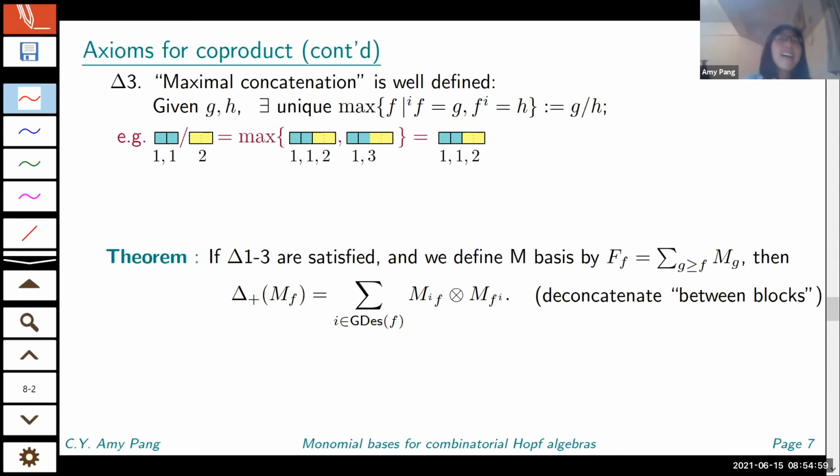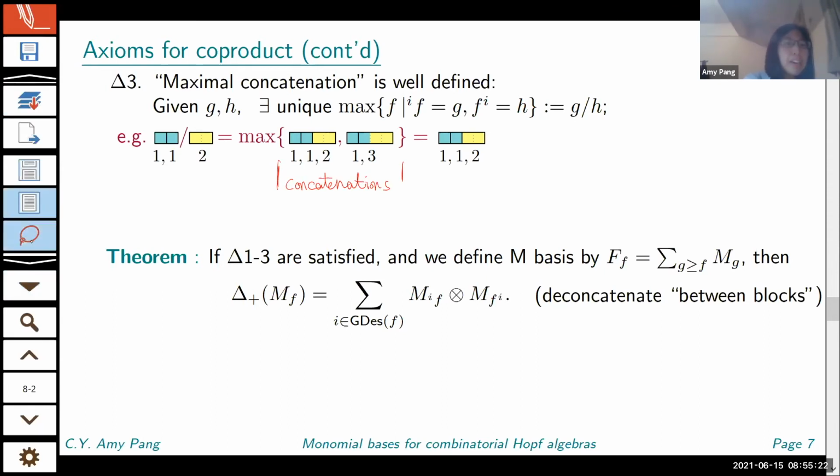Okay, so this is how we do it. First, the crucial idea is maximal concatenation. Let me explain what it is using this example with the compositions. If I give you two compositions, then I can think of the set of concatenations of them. For compositions, there are only two. What I mean by a concatenation is a composition whose deconcatenation gives you the two pieces.